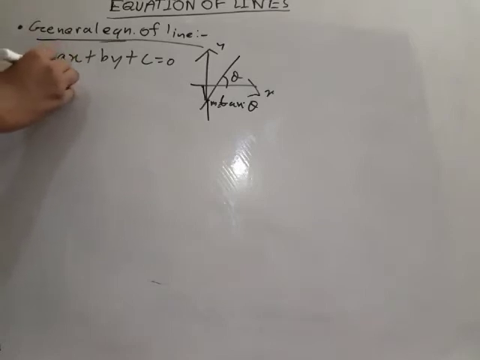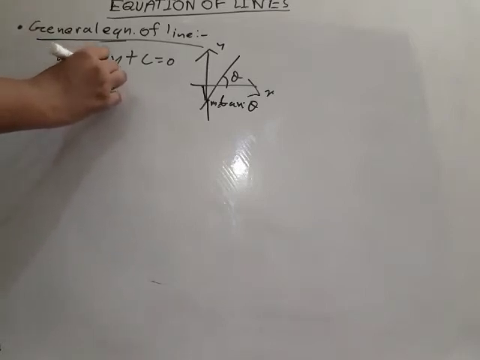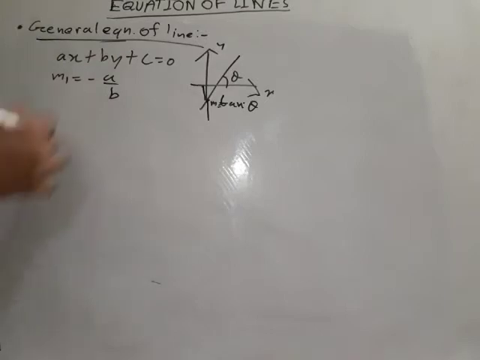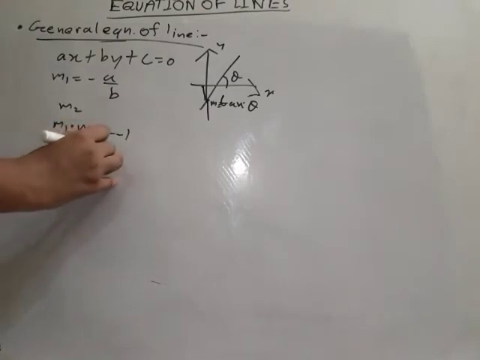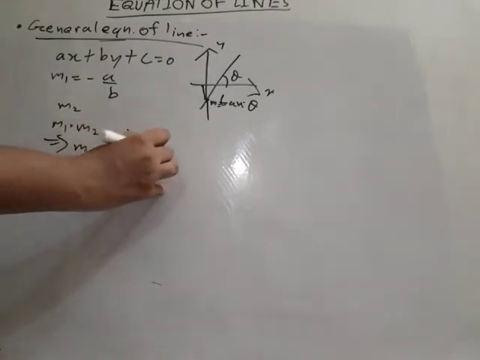Let the slope of this line be m1 equal to minus a by b, as we can see from the equation, and let the slope of the line we have to find be m2. From the properties shown in the last video, for two lines to be perpendicular, m1 into m2 equal to minus 1, or m2 comes out to be minus 1 by m1, that is b by a.